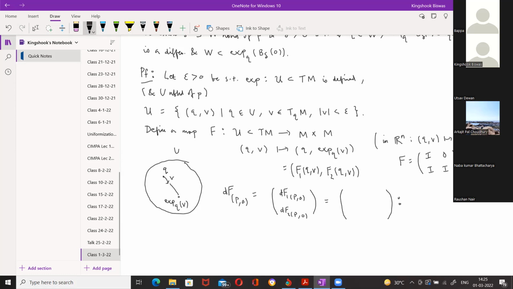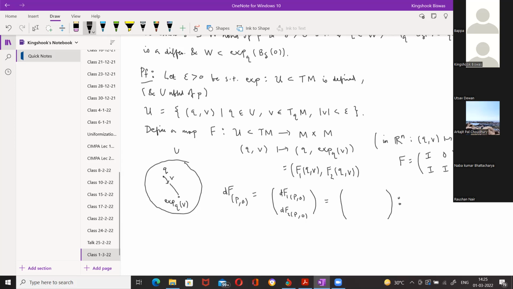If I chose coordinates x1 to xn near P, then I got coordinates for the tangent bundle, x1 to xn and y1 to yn, where the yi's were just the dxi's. And so the tangent space to the tangent bundle was spanned by del del x1 to del del xn and by del del y1 to del del yn.